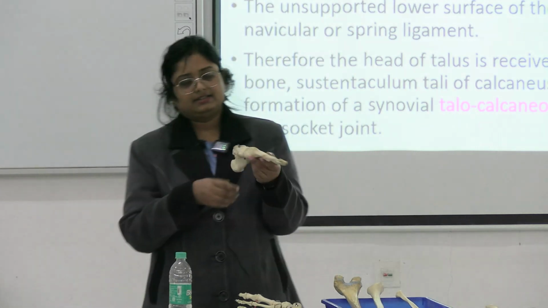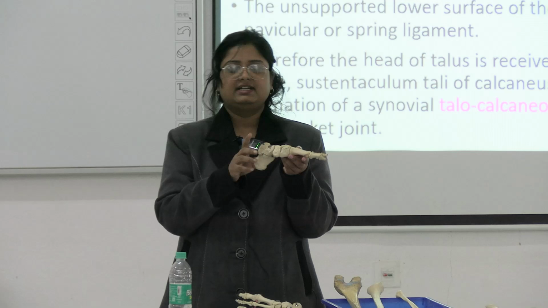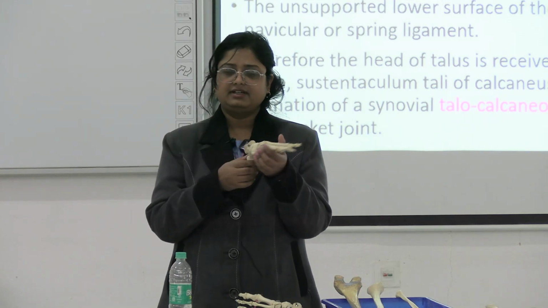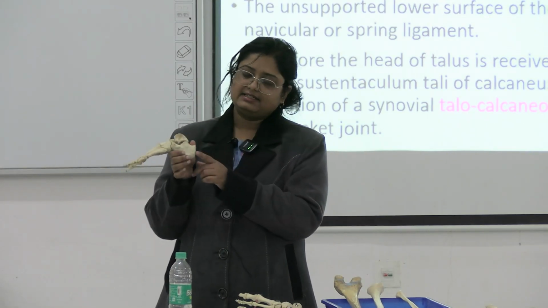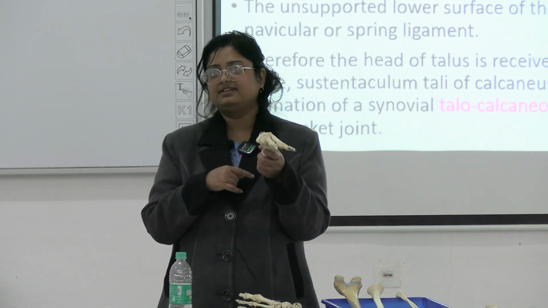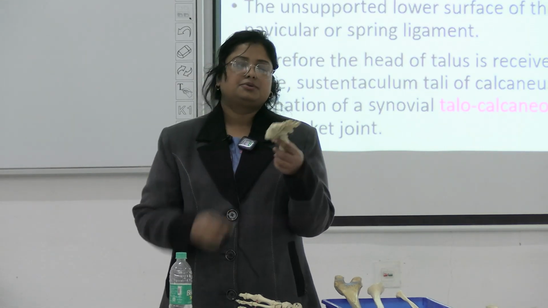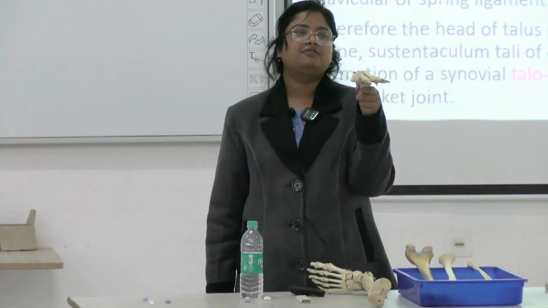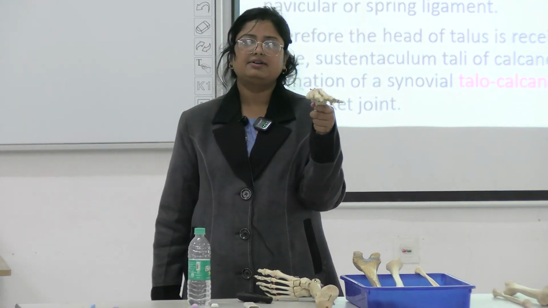And superior and inferior, talus will be superior and this calcaneum will be inferior, posterior and inferior. So this is the skeleton of the foot of the left side, understood.